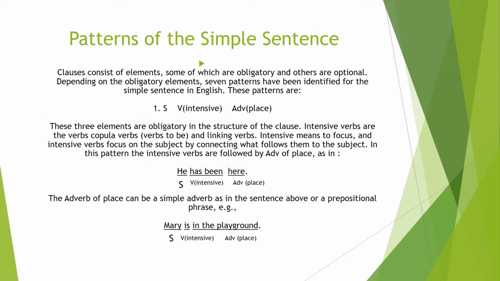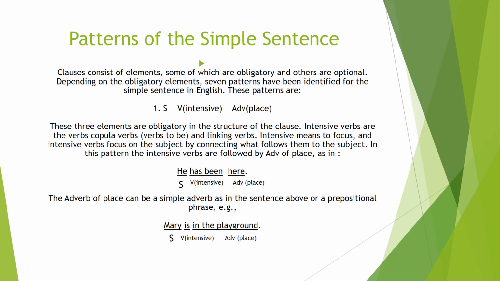What we are dealing with in this chapter is the simple sentence that consists of only one clause. The second thing we have to know about the simple sentence in English is that it has patterns. What do we mean by patterns? It has certain structures that can represent them.